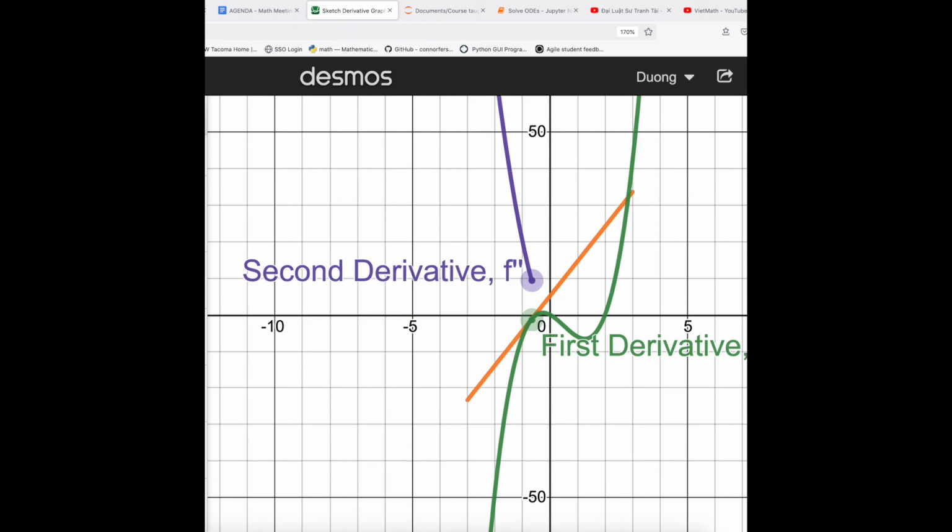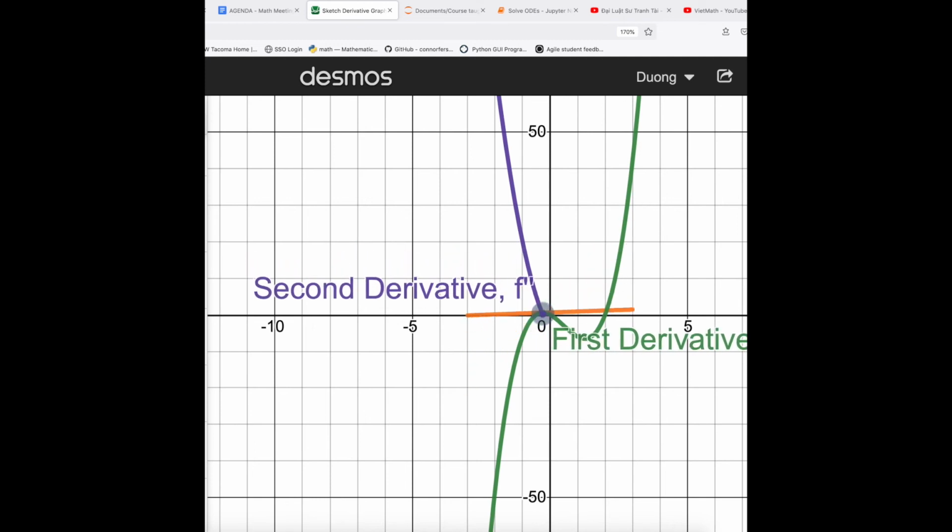You see that the slope of the orange line is being flattened out to a point where it becomes a horizontal line right here. That is where the second derivative value is 0.